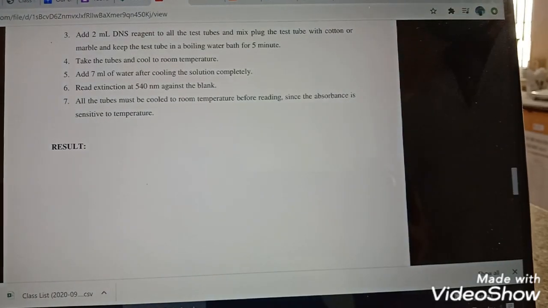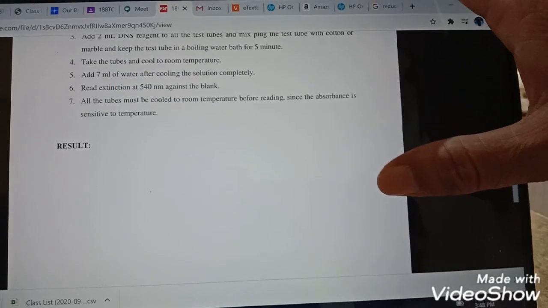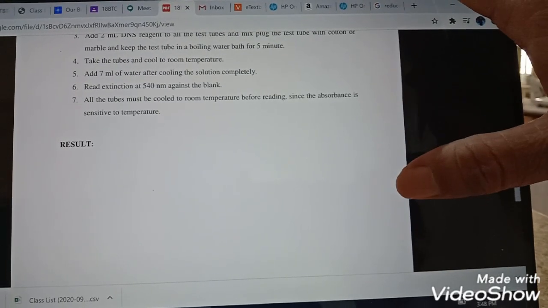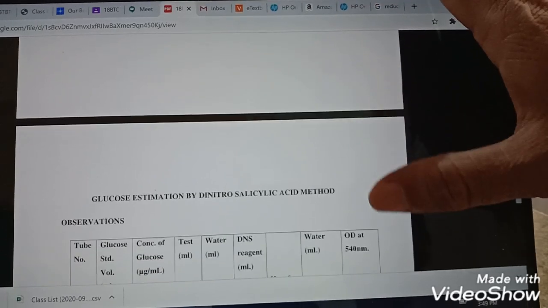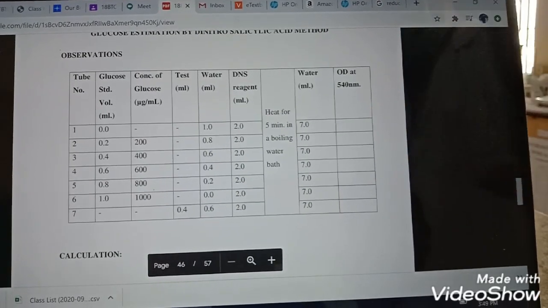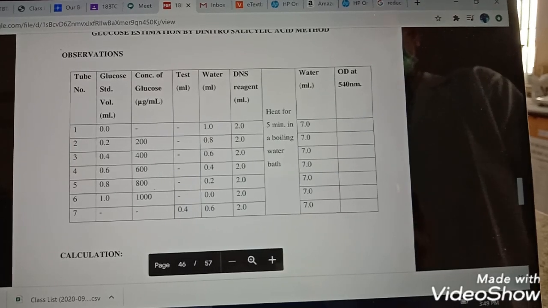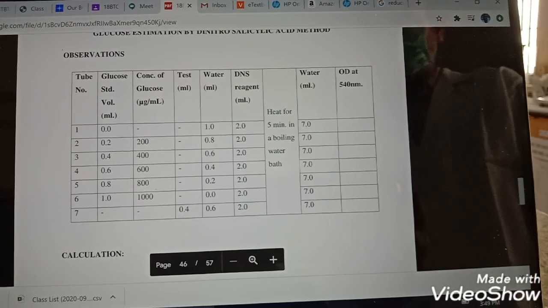The X-axis is the different concentrations of glucose and the Y-axis is the OD value you got for each concentration. With that, tabulate the amount of glucose in the different concentrations, and how much volume should be taken from the stock.